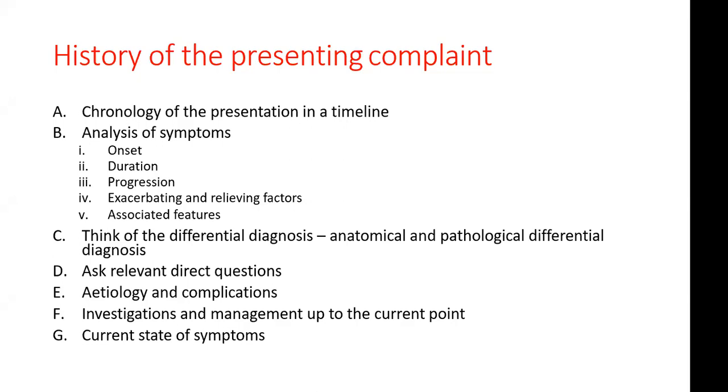In some cases, asking about the etiology of the differential diagnosis might help, not always. Investigations and management up to the current point. This is basically for us to plan out our investigations. And the current state of symptoms, that is the symptoms and signs the patient has on the day that you took the history or talked to the patient. Fine.